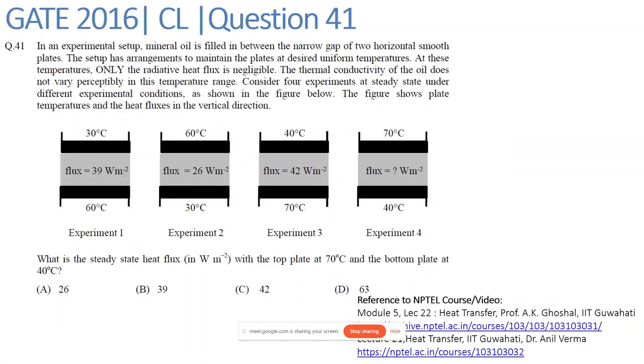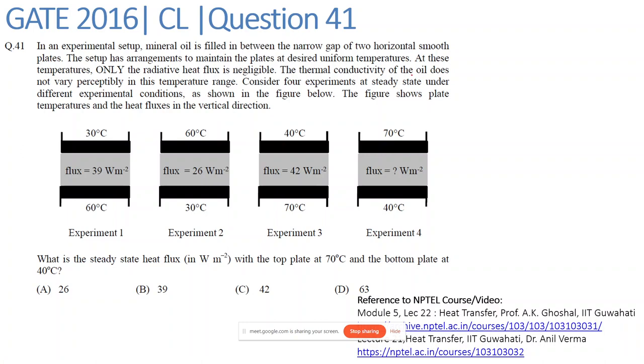Okay, so let's read the next question in detail. In the experimental setup, mineral oil is filled in between the narrow gap of two horizontal smooth plates. The setup has arrangements to maintain the plates at desired uniform temperatures. At these temperatures, only the radiative heat flux is negligible.